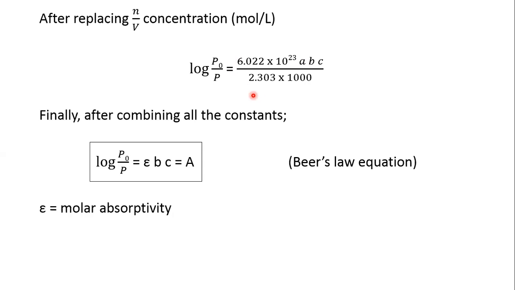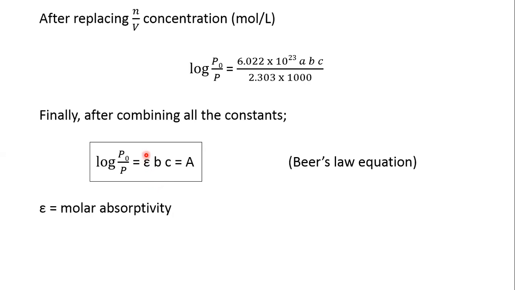After combining all these constants, a collective constant is introduced, represented by the symbol epsilon, multiplied by b multiplied by c. So the whole equation becomes log P naught upon P is equal to epsilon b into c, and that is absorbance. This is the final Beer's law equation: absorbance is equal to the molar absorptivity into path length into concentration.